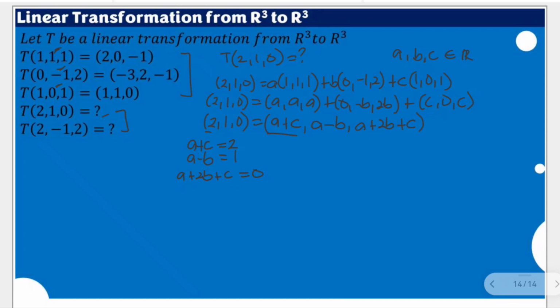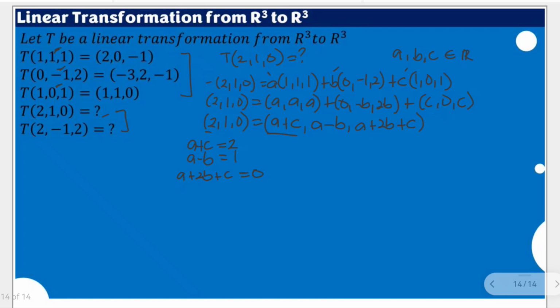Here, of course, we cannot automatically guess the values for A, B, and C, unlike in the previous video. But what we can do is solve for the values first. Why do we need to solve for the A, B, and C coefficients? Because once we have the values, we can operate the linear transformation.